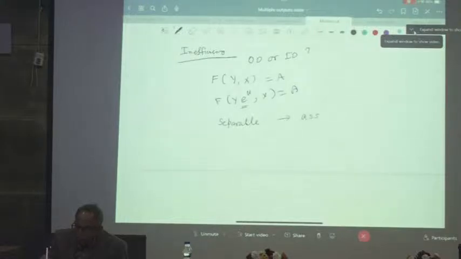If you ever look at the notes that I have, I do not assume separability, but that involves a lot of algebra. The point is that separability is not a requirement. So if it is separable, then you can just write f1 of y and e to the power u, times f2, a function of x, is equal to a, something like this.